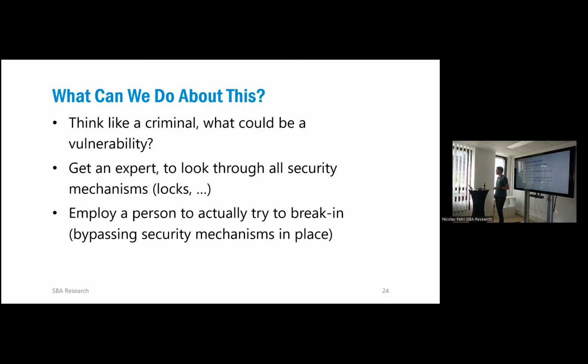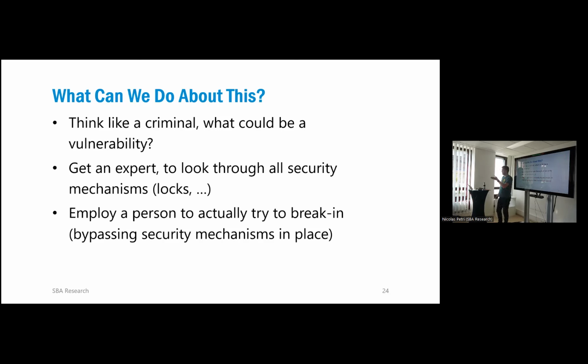I need a locksmith or something, and I need to get them to go in and look at this lock, and they tell me, okay, this lock that you have there can easily be lock picked, or those windows are bad because of whatever reason. And then, this might sound a little bit too much, but employ a person to actually break in.